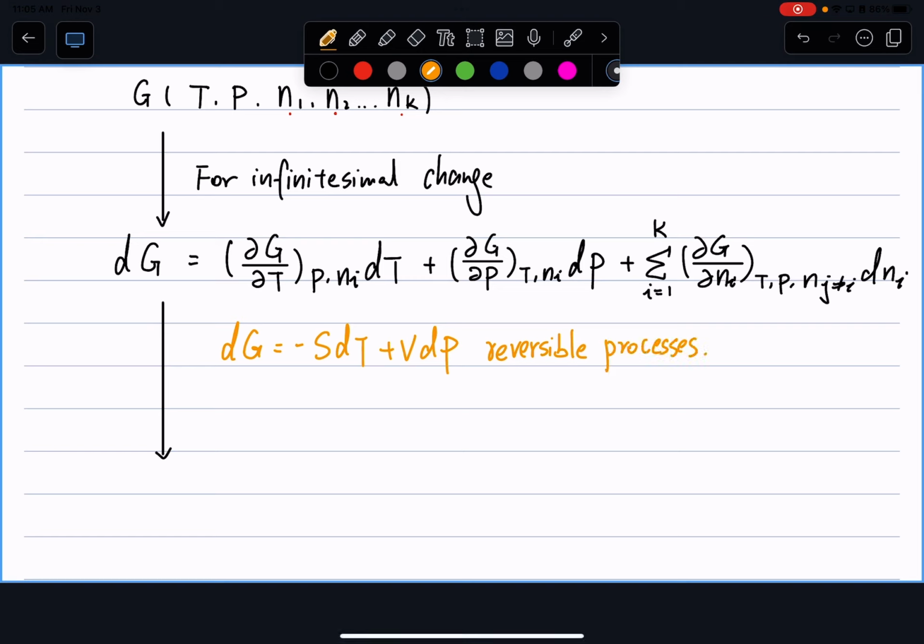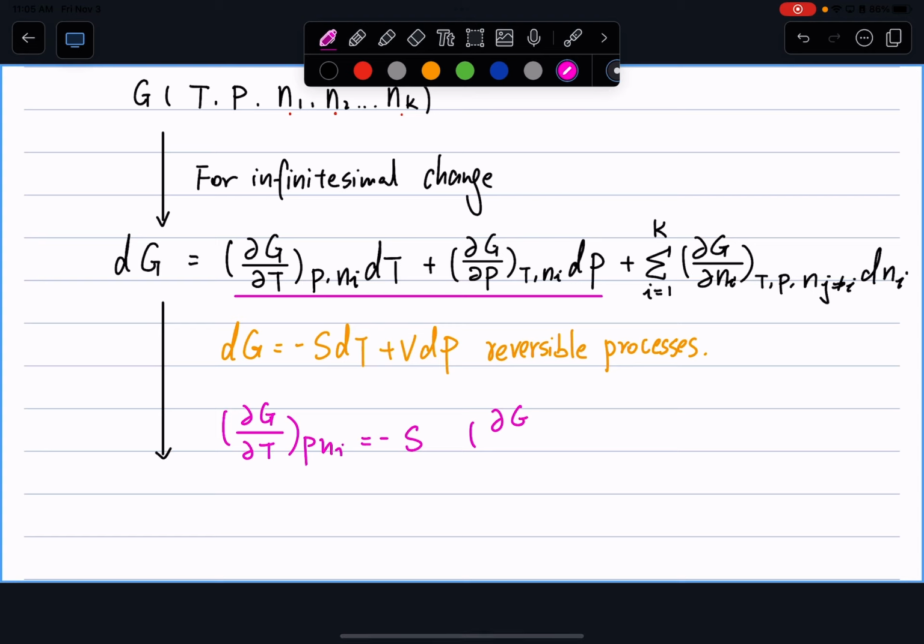Now, in this setup, remember we're saying our system is in thermal and mechanical equilibrium. So these first two terms are in equilibrium with each other. If we're only considering the first two terms here, using our Gibbs equation, we have that the first partial derivative equals negative S, and our second partial derivative, dG over dP at constant T and Ni, equals V. The reason we can do this is because we're talking about a system under thermal and mechanical equilibrium.